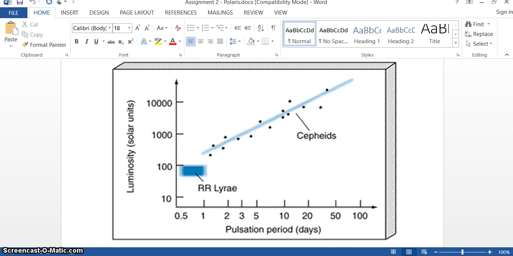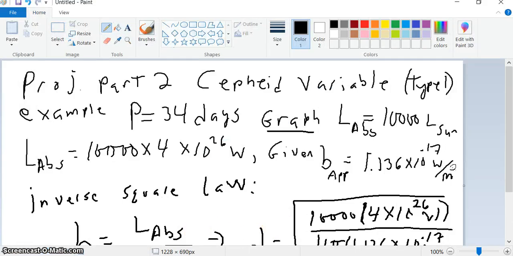Okay, so now we can go back to our problem, which I've already indicated all that. If the period is 34 days, the absolute magnitude is 10,000. That's the important part of that.